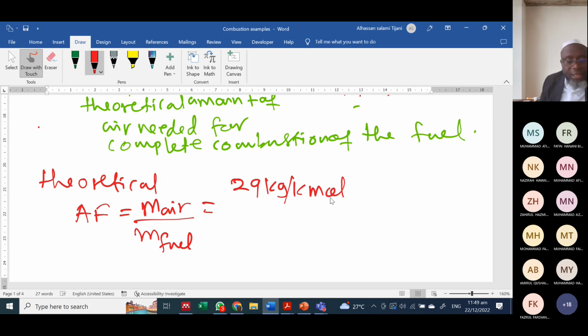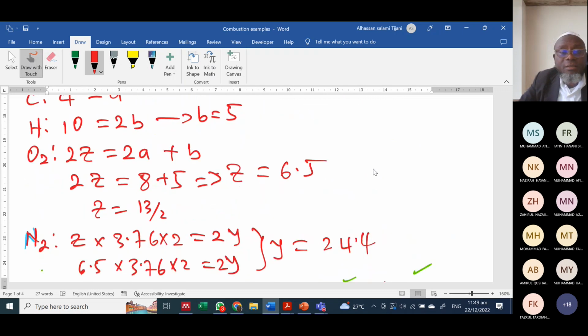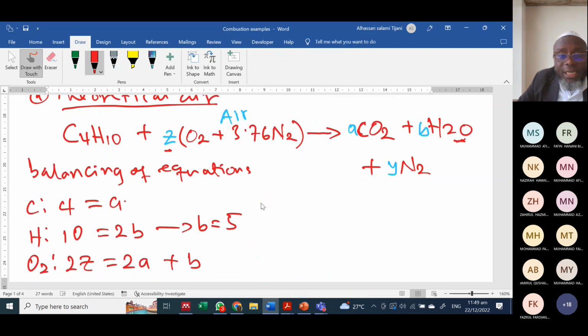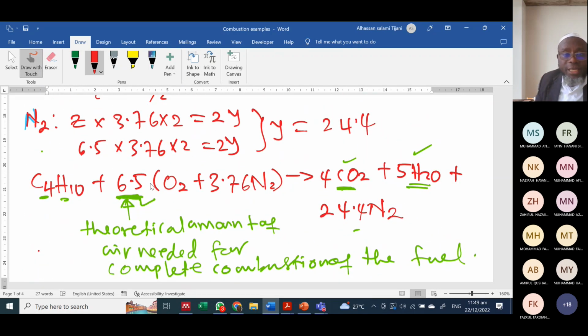But we need to multiply by the number of moles of air present in the reaction.